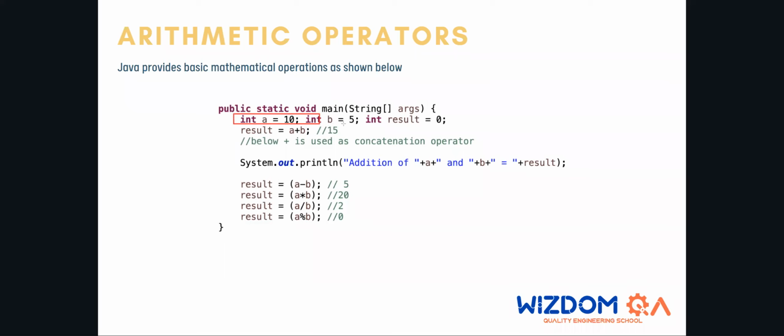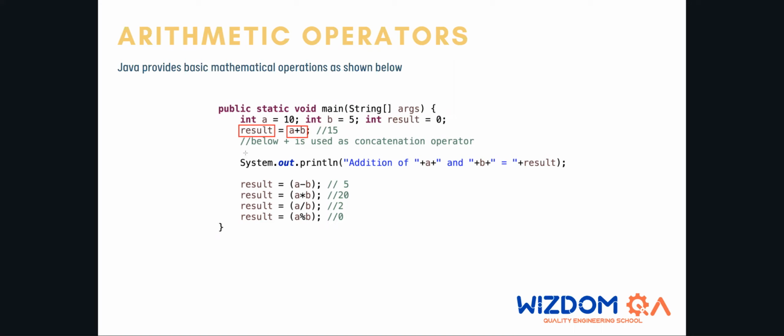Int a, int b and int result. I created 3 different variables and gave initial values of 10 and 5 to a and b, and result has a 0 value by default. Then I'm saying result equals a plus b. It means I have performed an addition, and whatever the value is, I set it back into the result variable.